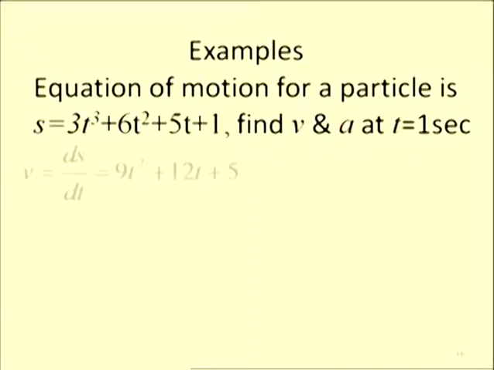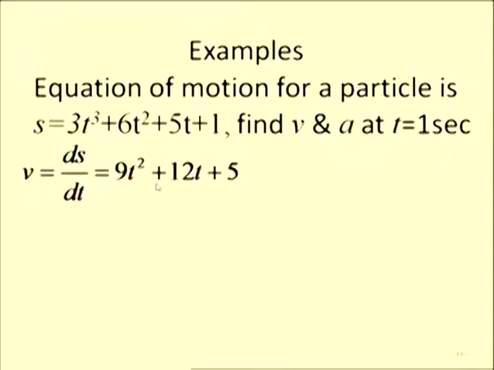Now first we differentiate this function S is equal to f(t), that is the equation of motion, with respect to t. So derivative of 3t cube is 9t square. Derivative of t cube is 3t square. So 3 into 3t square is 9t square, plus derivative of 6t square is 12t, plus derivative of 5t is 5 into 1, that is 5.